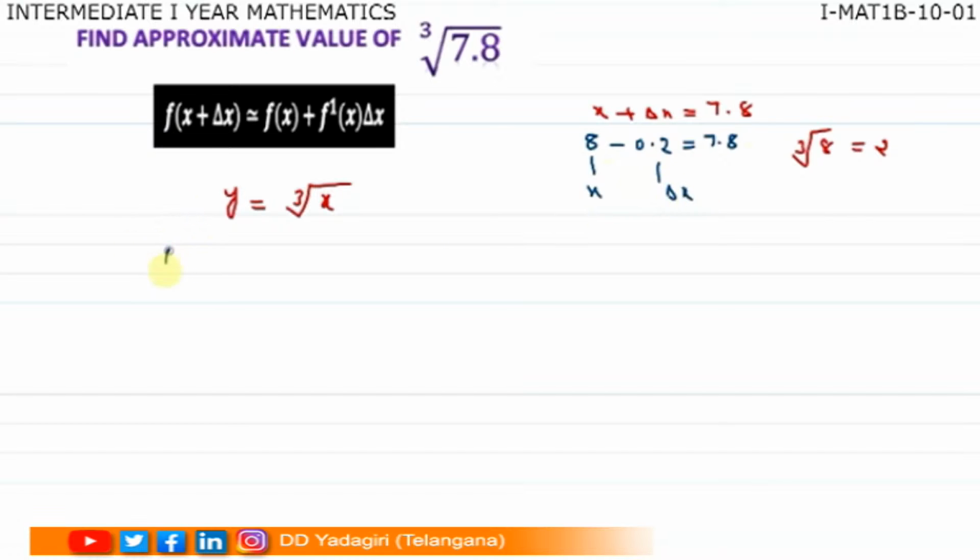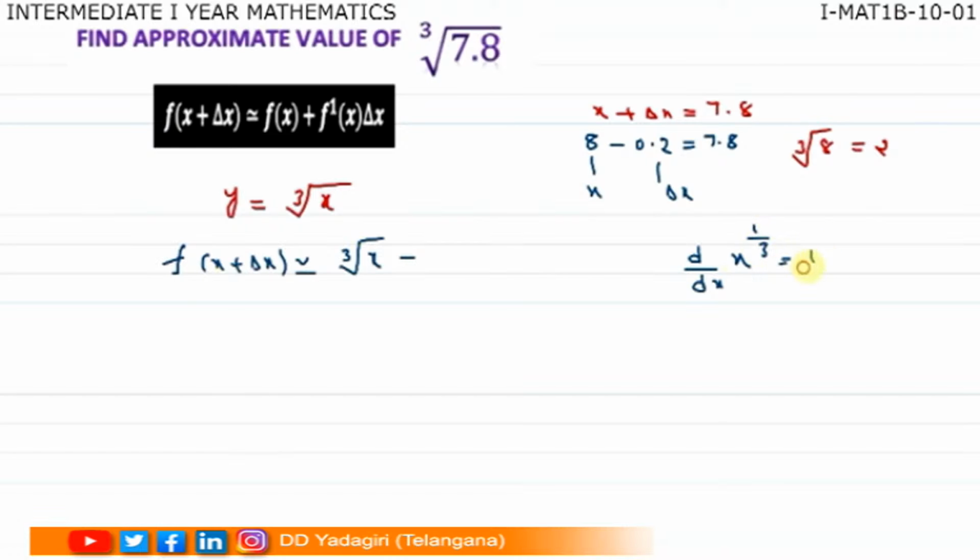Now f of x plus delta x, where x plus delta x means 7.8. Now write it down as it is here: f of x plus delta x is approximately equal to f of x plus f dash x into delta x. F of x means the cube root of x. For f dash x, I am calculating the derivative of x to the power of 1 by 3.